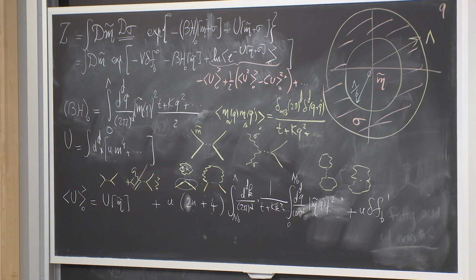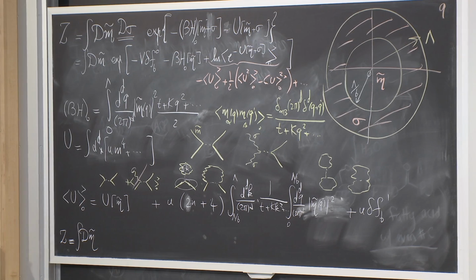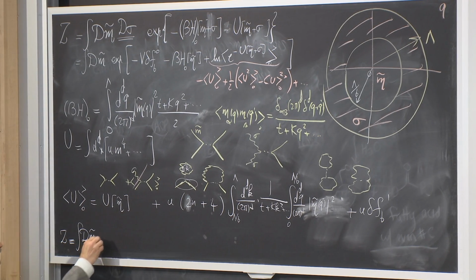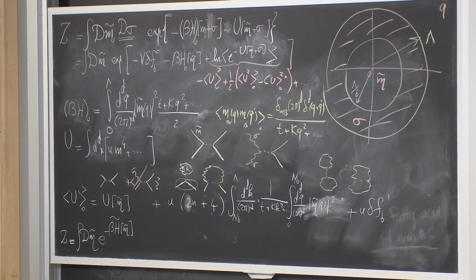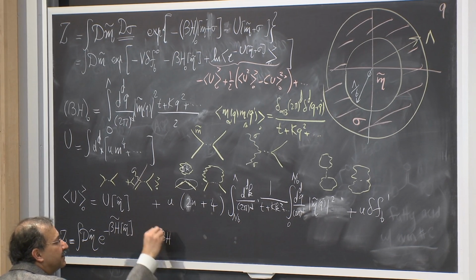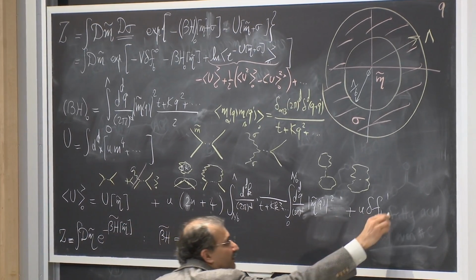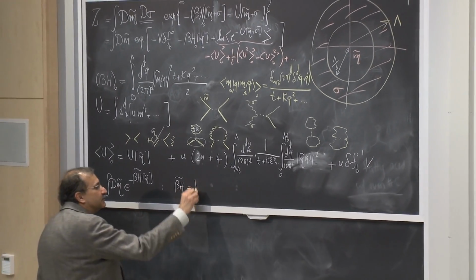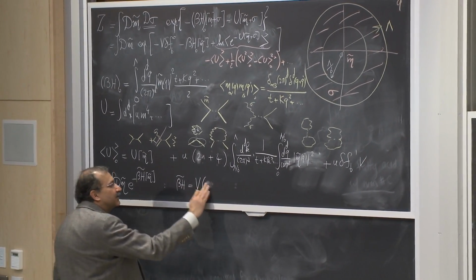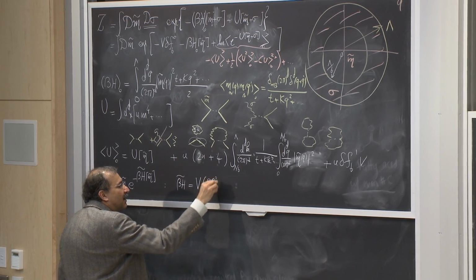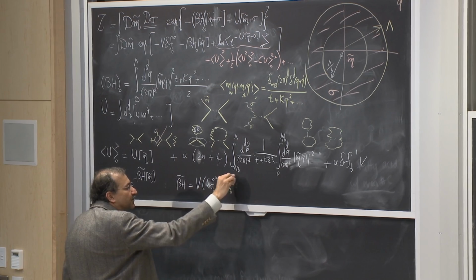to what I have above, I see that my Z has now been written as an integral over these modes that I'm keeping of a new weight that I will call beta H tilde, depending on these m tildes, where this beta H tilde is, first of all, these terms that are proportional, let's put a V here also, to contributions of the free energy coming from the modes that I have integrated out, either at the 0th order or at the 1st order so far.